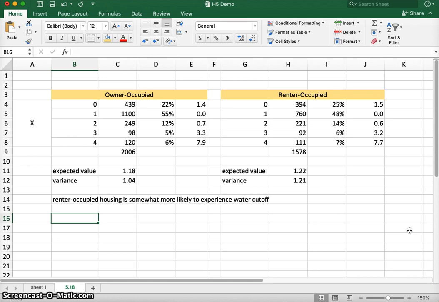Get it? So that is a discrete probability distribution. Actually, it's two discrete probability distributions and its interpretation. That should do it.